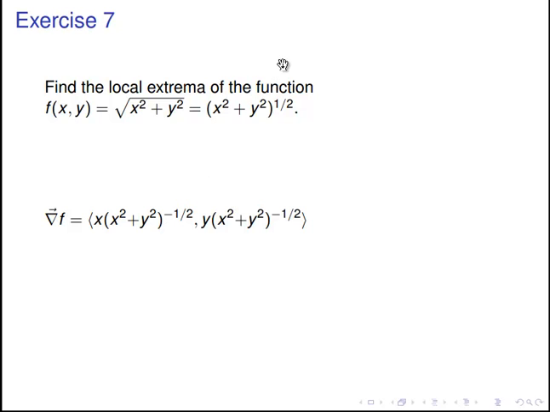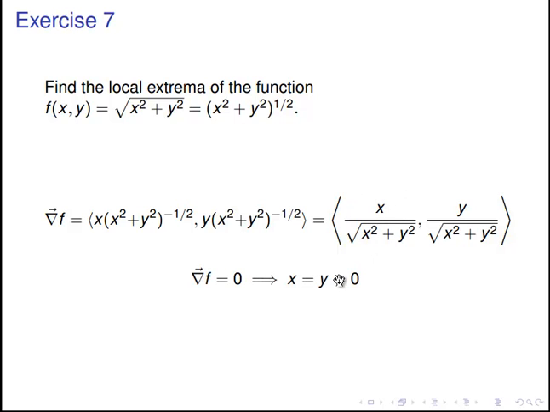And since this function is symmetric in x and y, we know that the derivative in the y direction will be the same thing, only I replace all my x's with y's. Alright, now where is this thing going to be 0? Well, it's going to be a lot easier if we rewrite it now with square roots, because now they're going on to the bottom, and if we want fractions to be 0, of course we want the numerators to be 0.